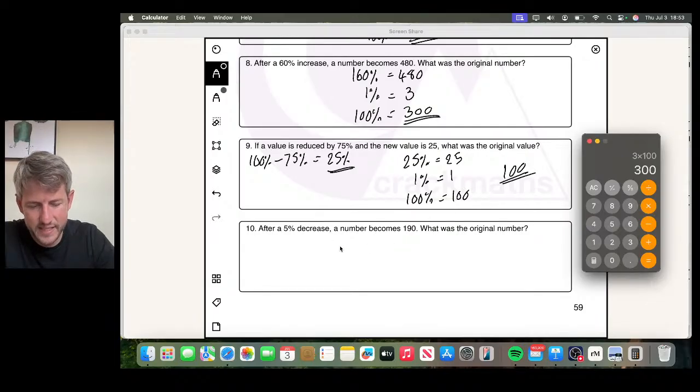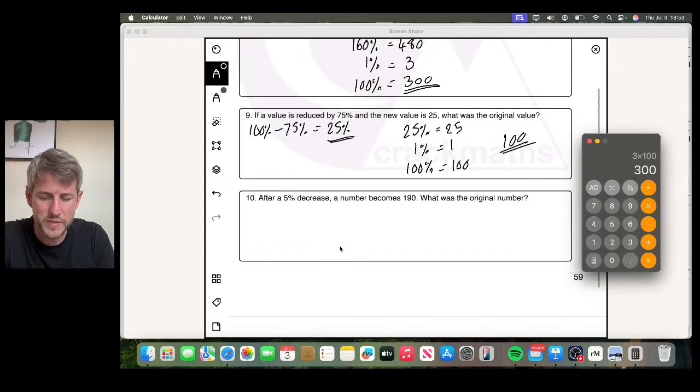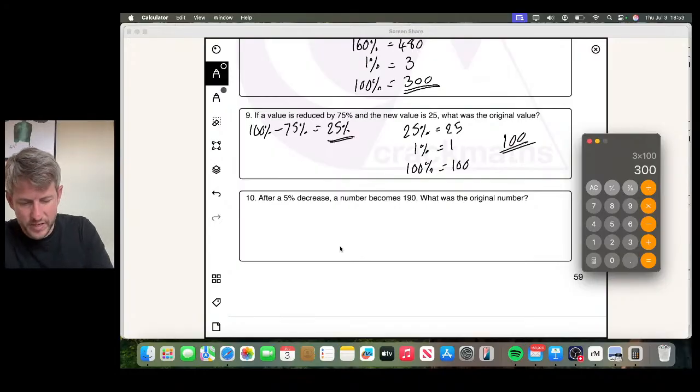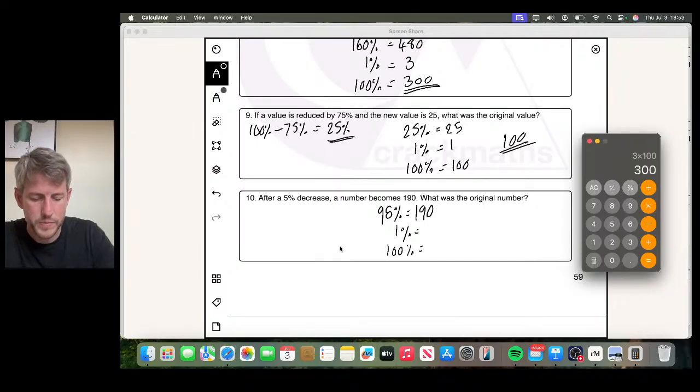Question 10 says, after a 5% decrease, a number becomes 190. What was the original number? Okay, so 5% decrease means we're talking about 95%. So 95% equals 190. 1% will equal something, and then we'll be able to find our 100%.